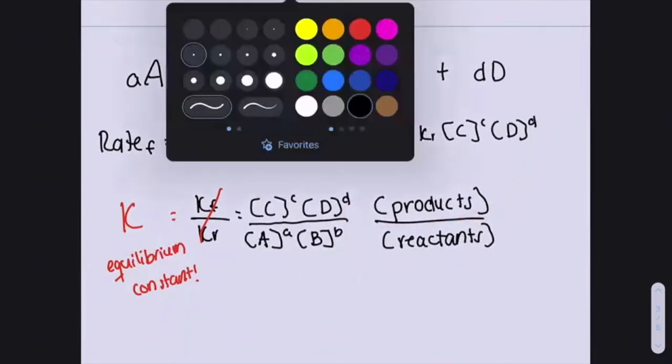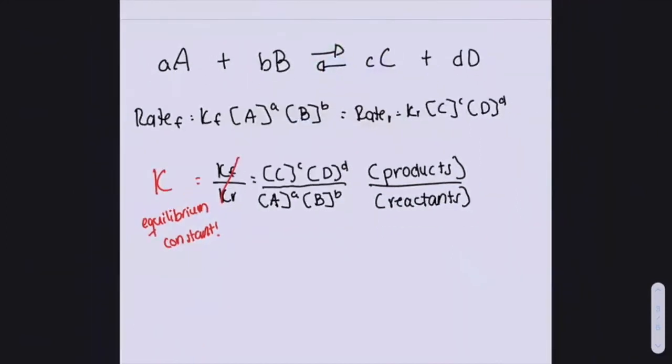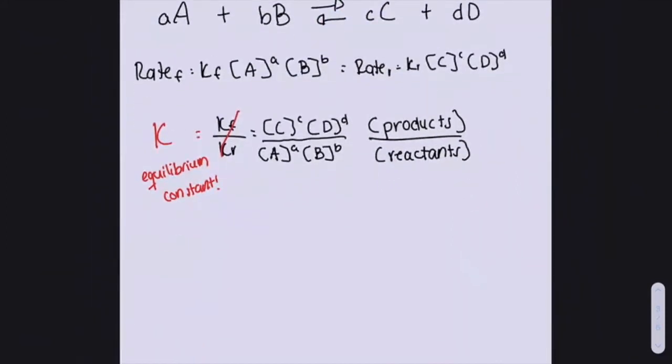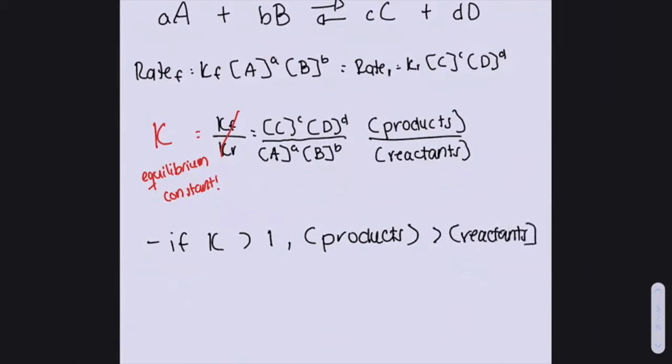So now that we know this, there's two things that you need to know as well. If the value of K is greater than 1, then the concentration of the products is greater than the concentration of the reactants, and this drives the reaction in the forward direction.